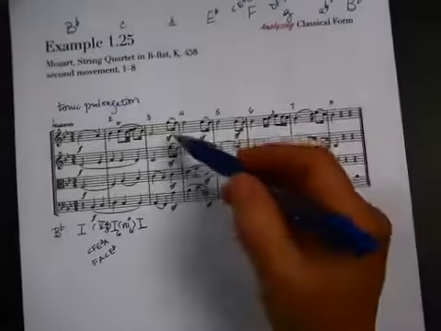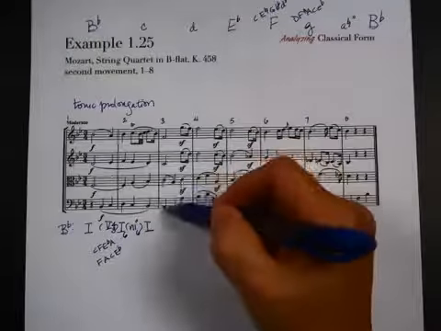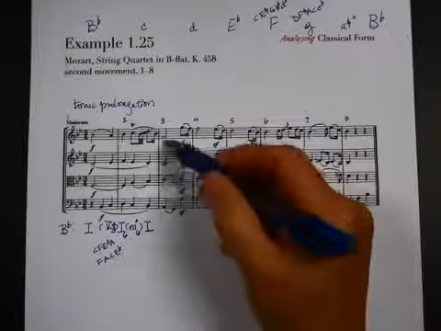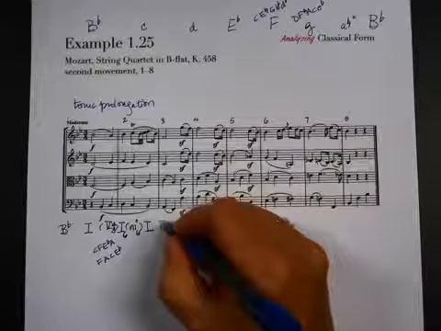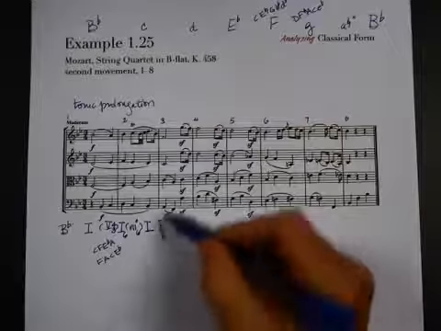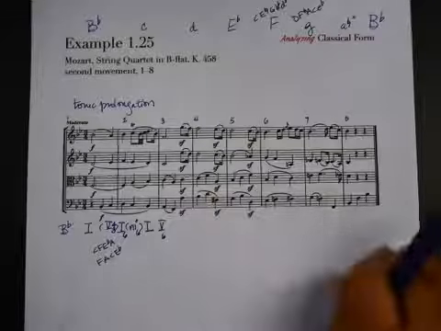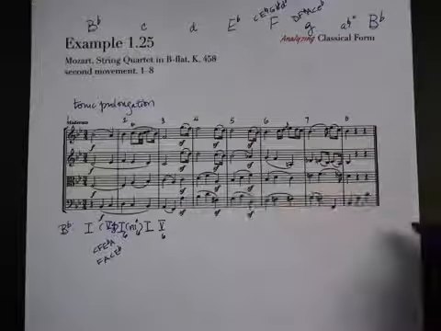Measure 3 arrives on a 5 chord, but in first inversion, A, C, F. So 5, 6, first inversion. I'm having to scrunch things because there's just not a whole lot of horizontal space to write the Roman numeral analysis.